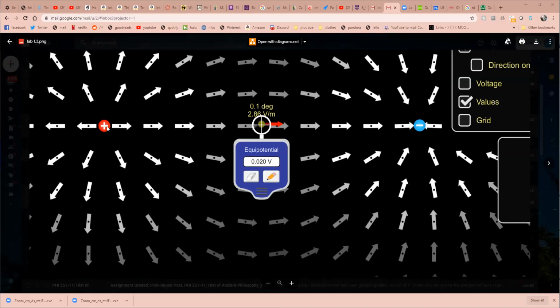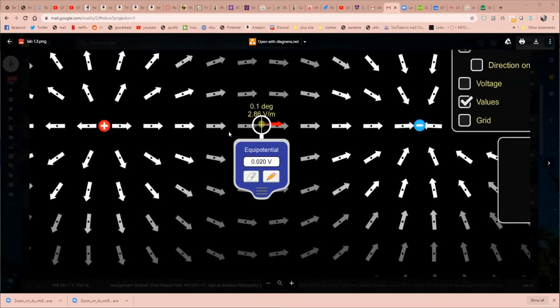And so KQ, the field in this case, is going to be KQ over R squared. And then over here, it's going to be KQ over R squared negative. Yes. And because they're vectors, it's just going to be added. So the force from this one is going to be added to the force from this one in the same direction. It's almost like you have 2 of this one.